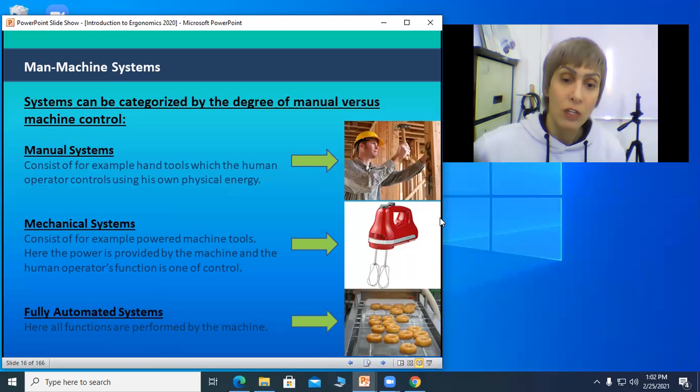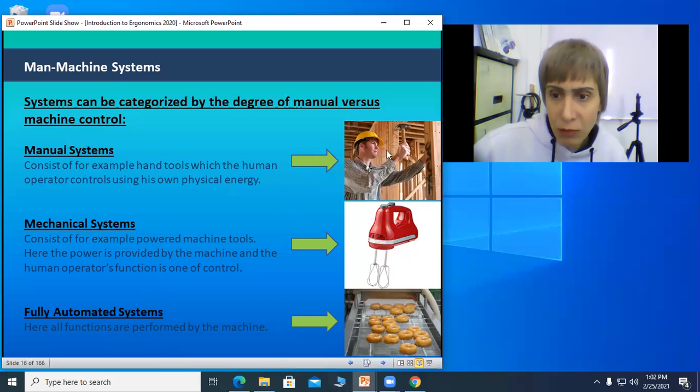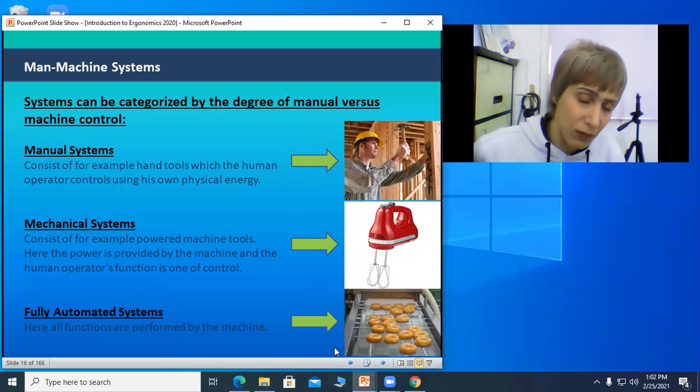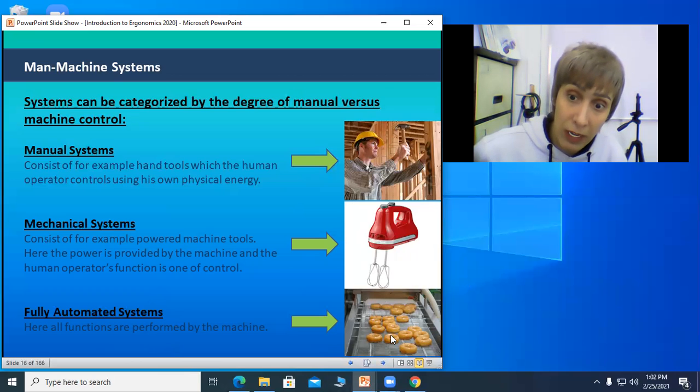Now, you as a designer will rarely be involved in designing fully automated systems. There is more engineering involved here, and if designers are involved, it is more engineering oriented.